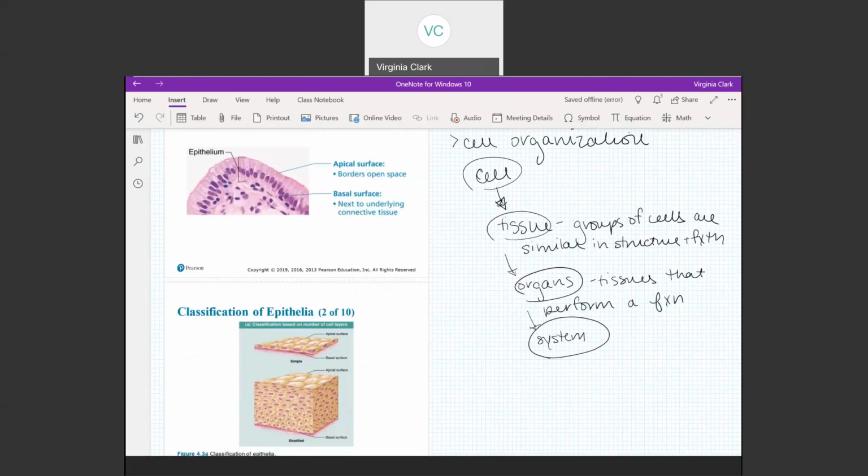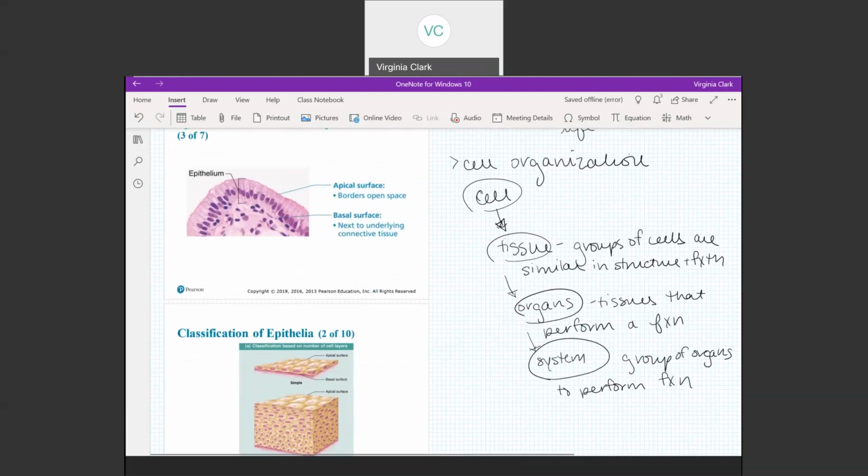The system is going to be a group of organs, and this group of organs is then going to perform an even higher specific function. So if we're looking at these cells, essentially we talked about the cell as a generic composite cell previously. We're living in this world of tissue right here.